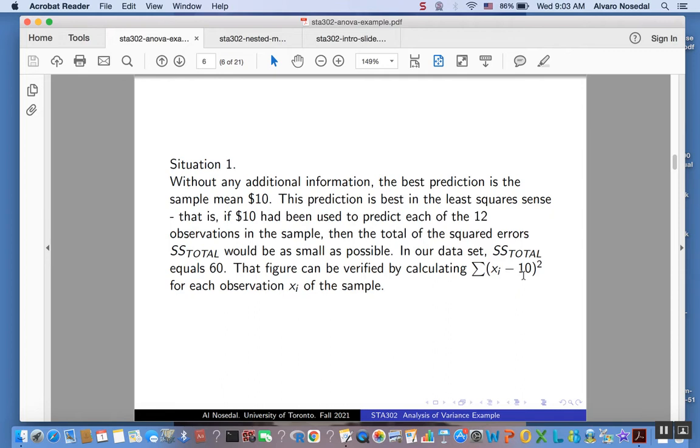Using a linear regression model, we're going to see that that intuition actually makes sense. Now that's situation number one, if the country where the sale is going to take place is not known.